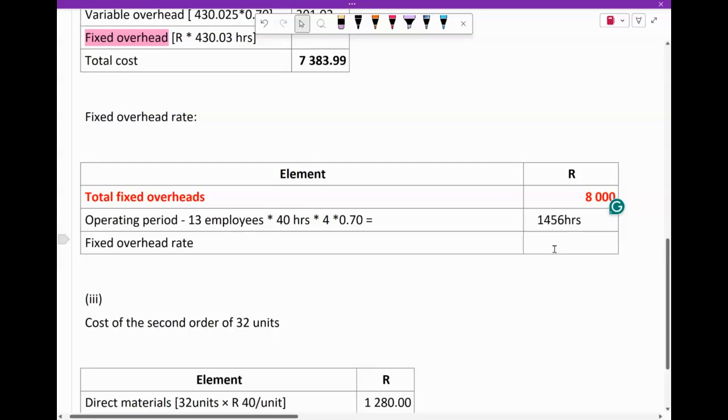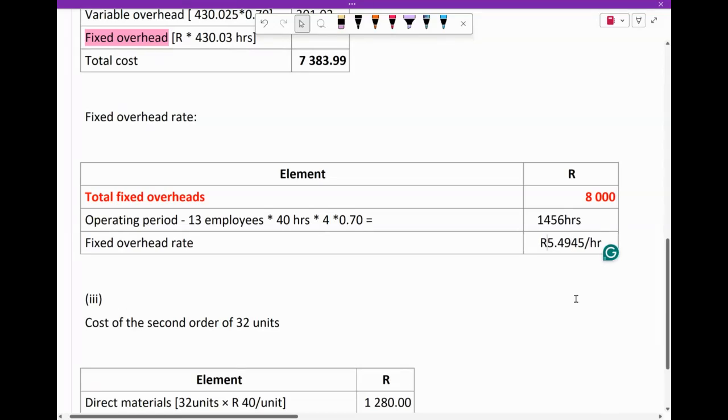So 8,000 divided by the 1,456, what do we get? 5.4945. I thought you were going the other way around. It should be like a decimal. Okay, this is rand per hour.